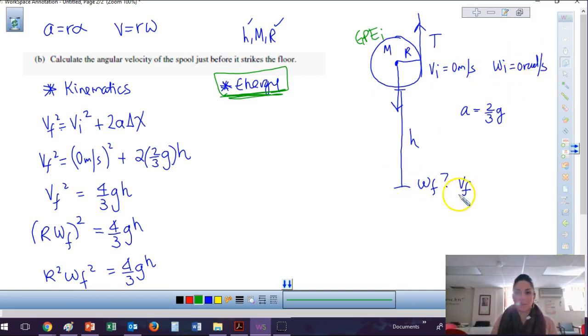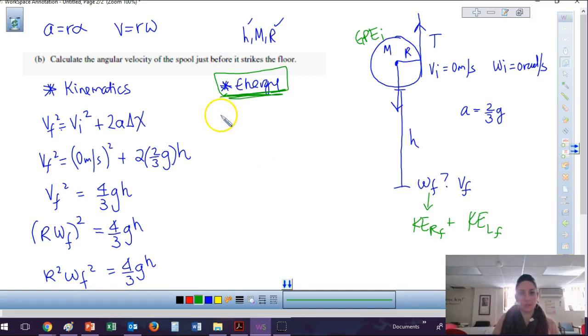But at the bottom here, we have rotational kinetic energy, and we're going to have linear kinetic energy at the bottom as well. So I could set this up as a conservation of energy, where we start off with just potential energy and we end up with some final kinetic energy.